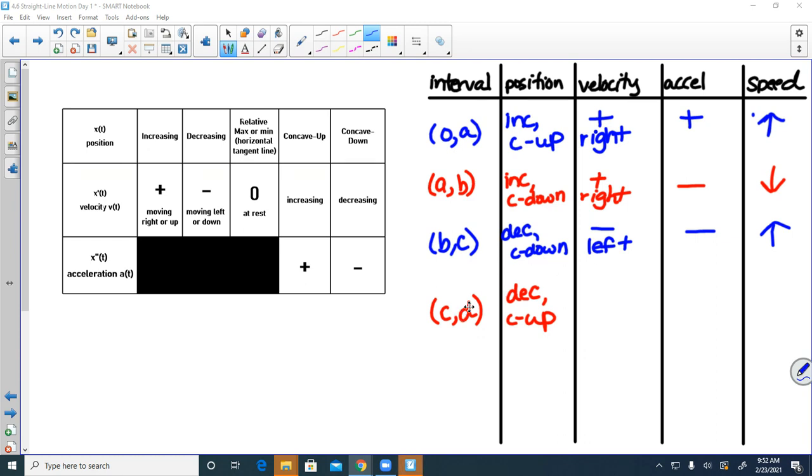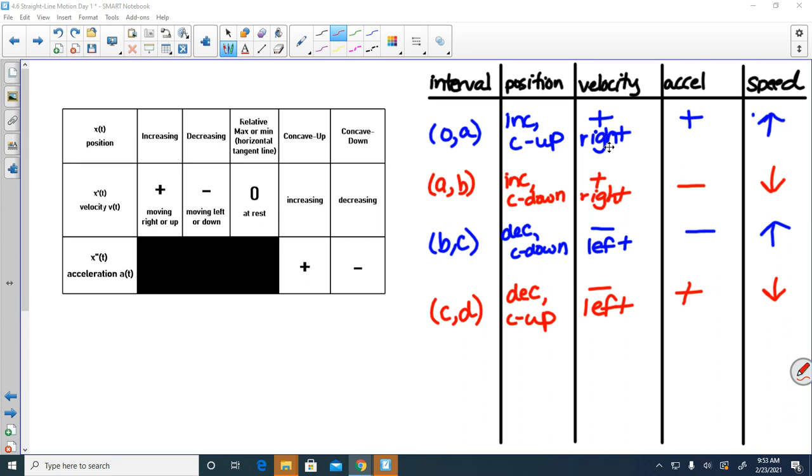And then the last interval, decreasing and concave up. Decreasing means that the velocity is going to be negative, so the bunny's going to be going to the left. And then concave up means that the acceleration is going to be positive, and opposite signs for velocity and acceleration, so the bunny is going to be slowing down.